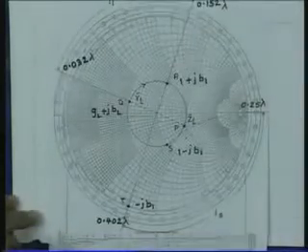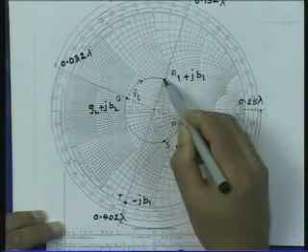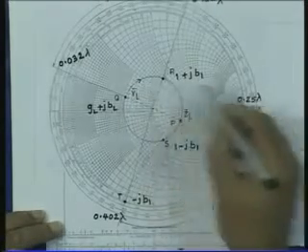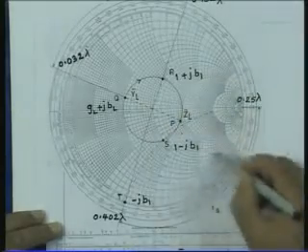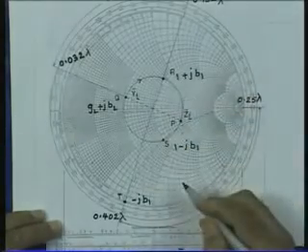So, here first we move on this constant VSWR circle up to a point where this constant VSWR circle intersects the G equal to 1 circle, the constant conductance G equal to 1 circle.